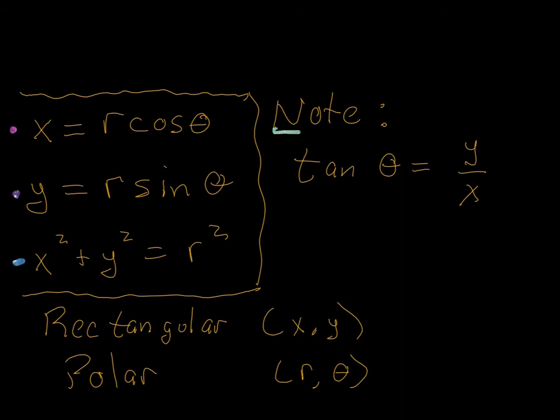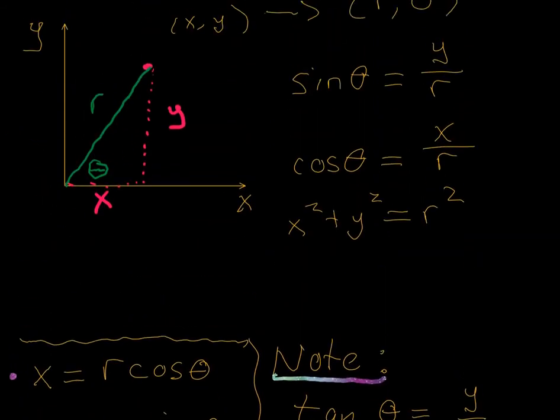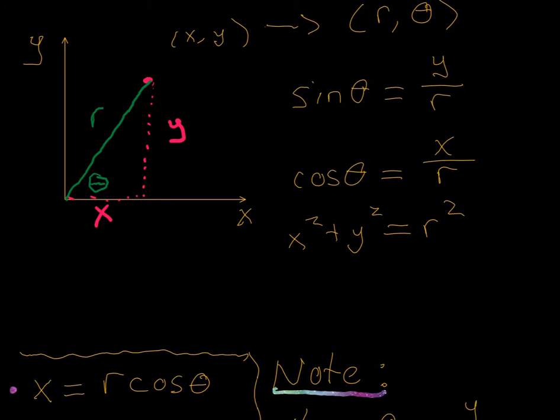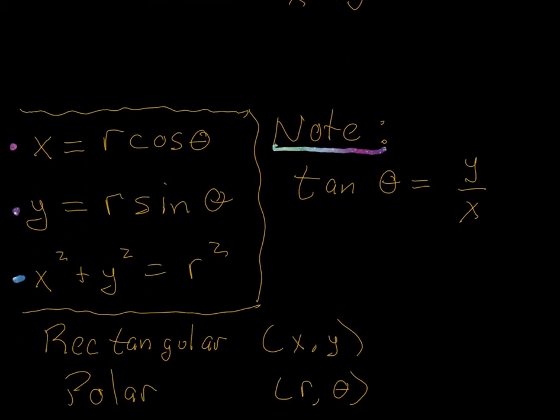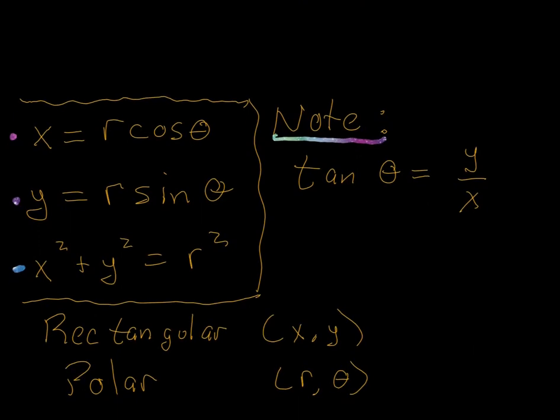And just as a note, if you were to go back to that triangle, the tangent of theta, y over x, that is the opposite leg over the adjacent leg of that right triangle. We don't use it often, but there is one type of common equation where it comes in handy, so I don't want to leave it off the palette, but the ones I put in the box, those are the most common tools to use to convert between.